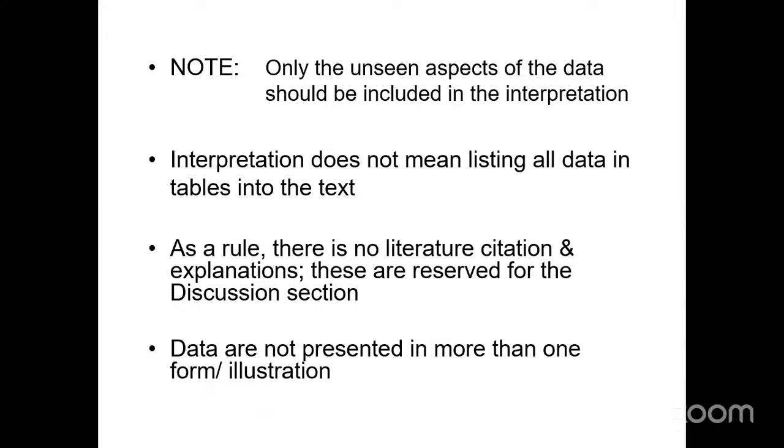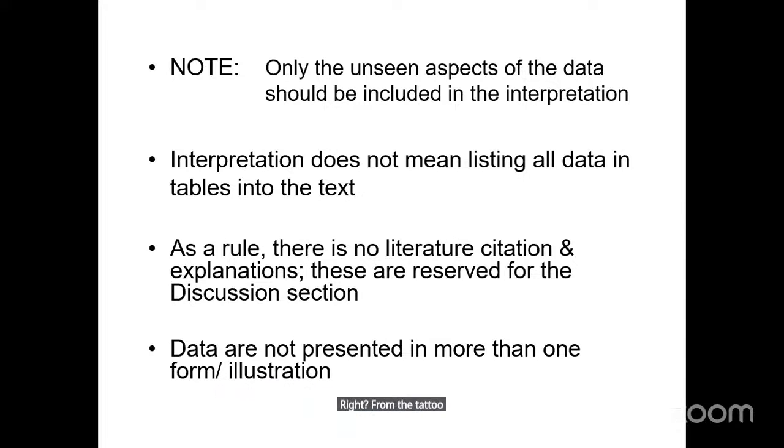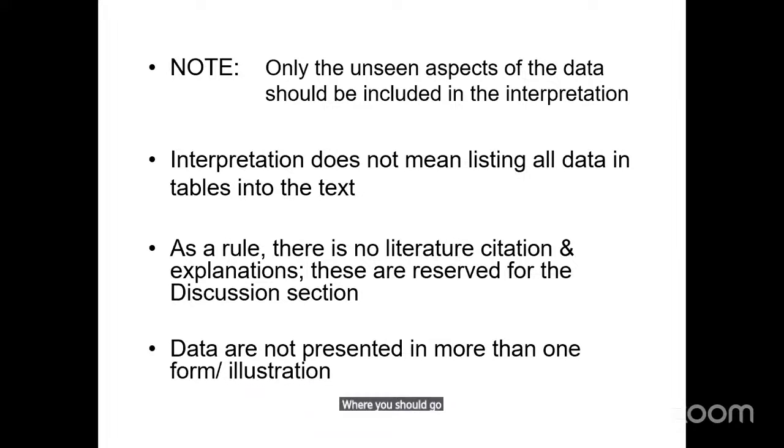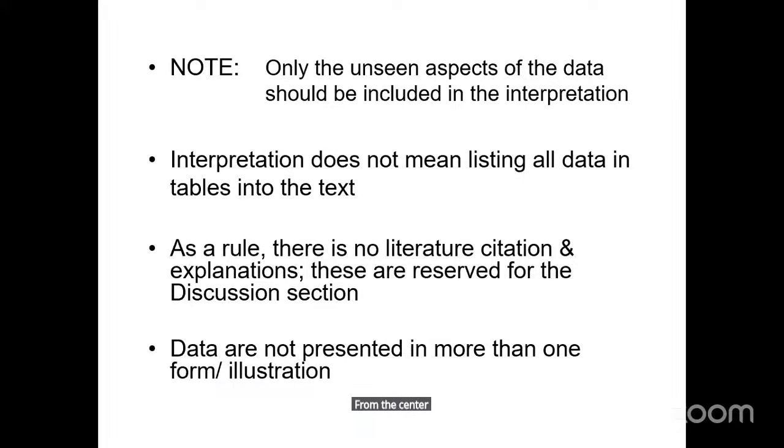When your article has an objective, that objective is the backbone, right from the title through up to conclusion. That's why we said the objective guides your writing. It guides in terms of direction, where you should go, and in terms of size or width, how far away you can go from the center of the document.